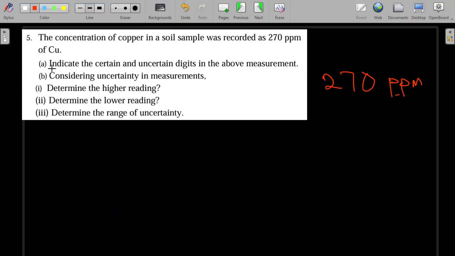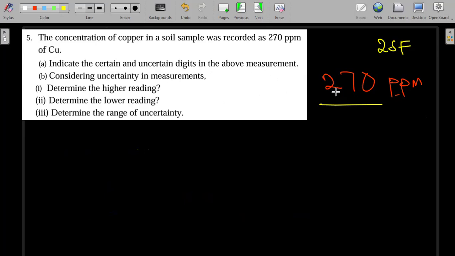The first question they're saying: indicate the certain and uncertain digits in the above measurement. So we said the uncertain digit is always the last significant digit in a number. So this number here, how many significant figures does it have? It has two significant figures.